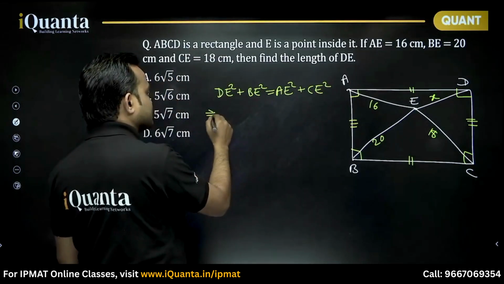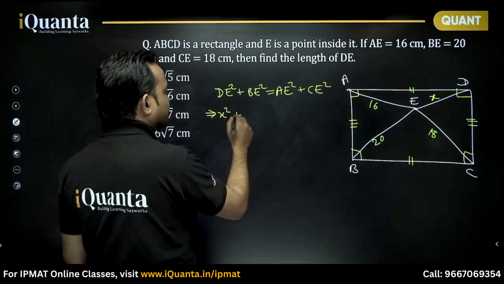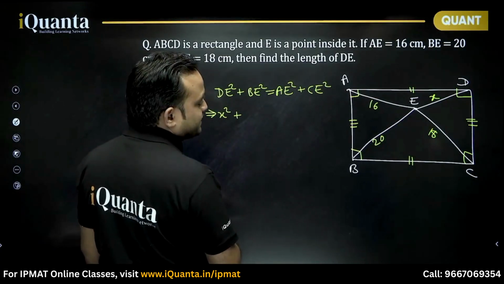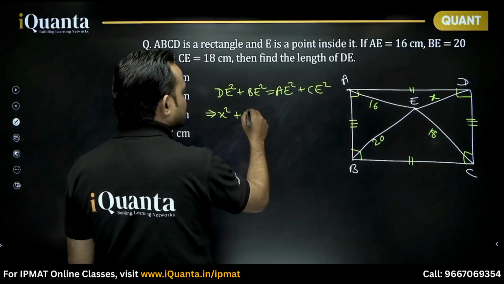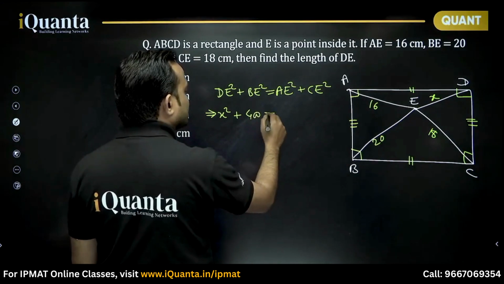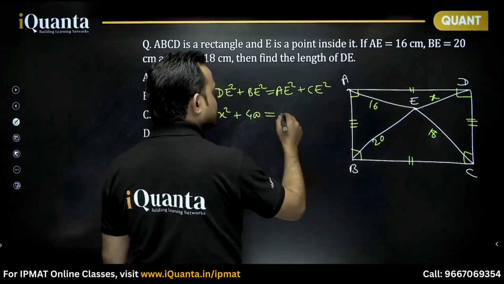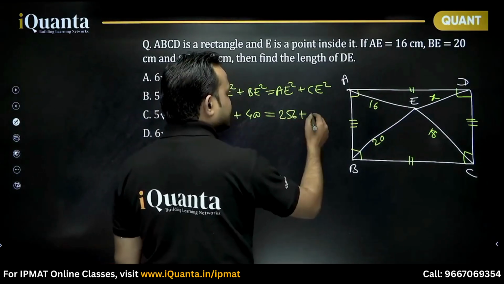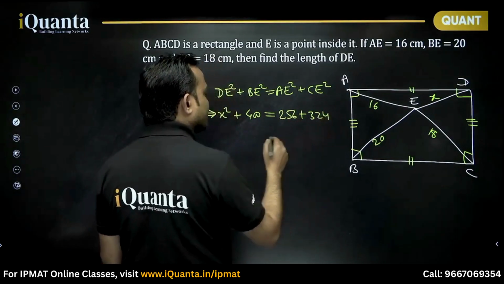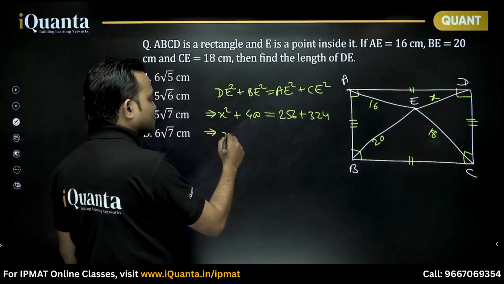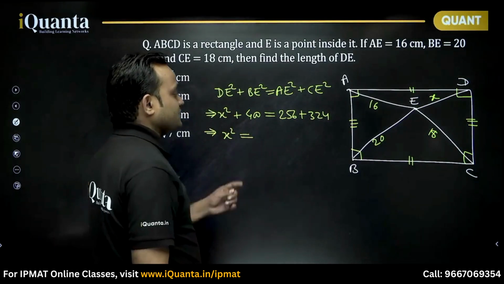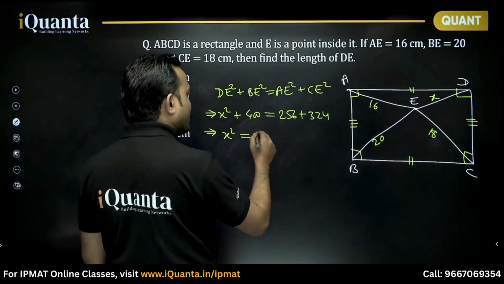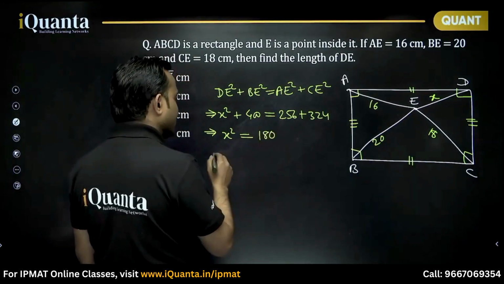From there, we can say X square plus BE, which is 20, so 400, is equal to AE, which is 16, so 256, plus CE, which is 18, and 18 square is 324. So X square will be equal to 580 minus 400, which is 180.